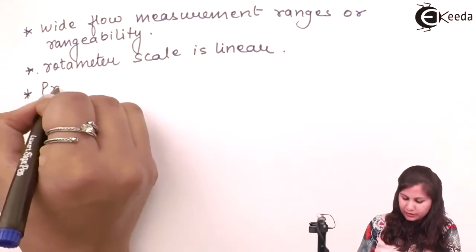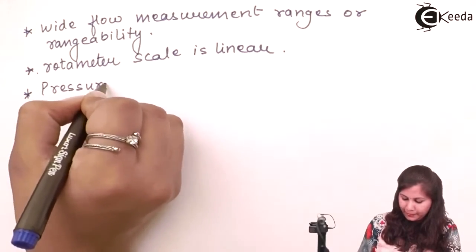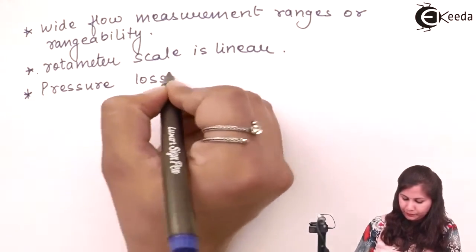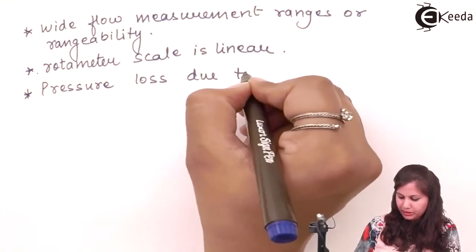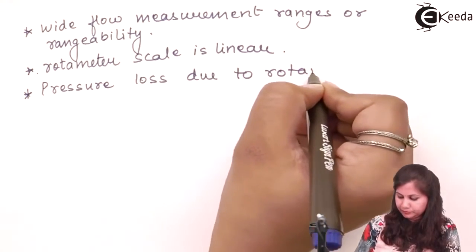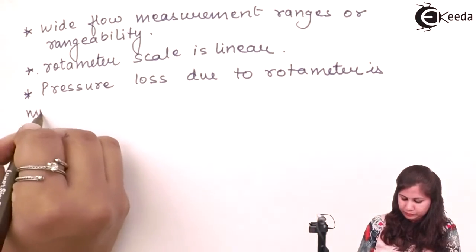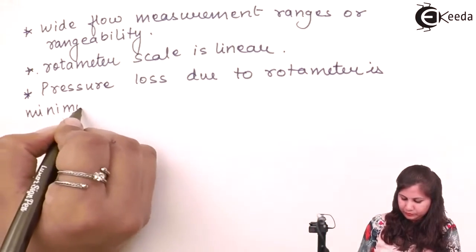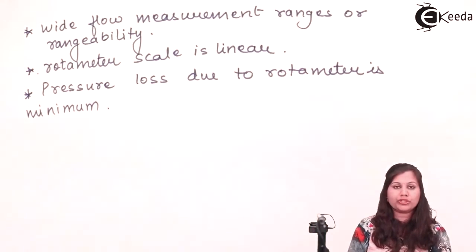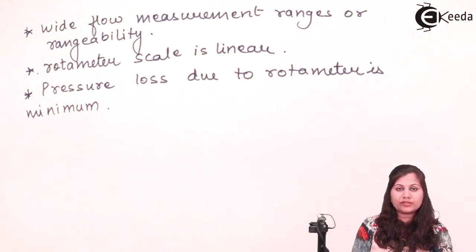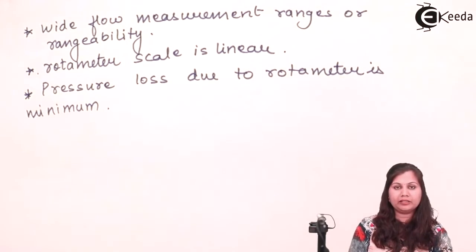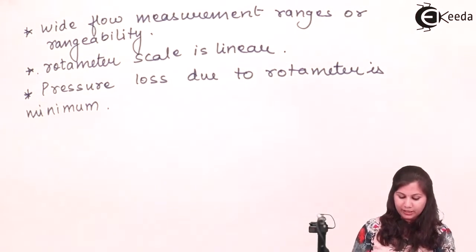Also, pressure loss due to rotameters is minimum. So these are some of the advantages of the variable area meters or the rotameters.